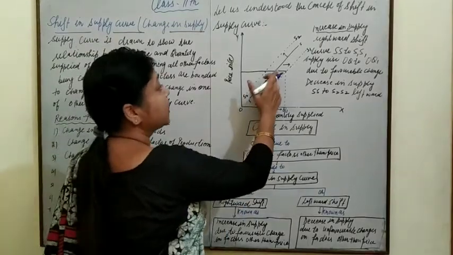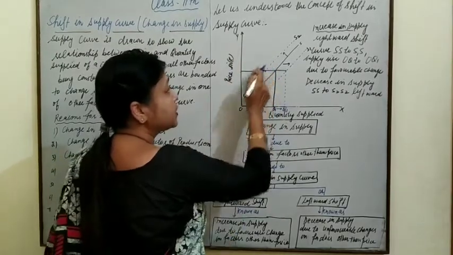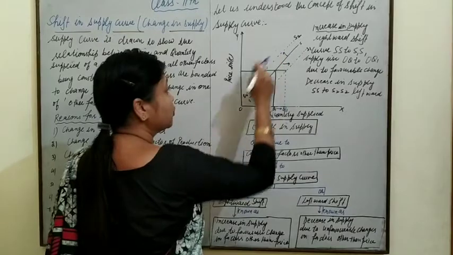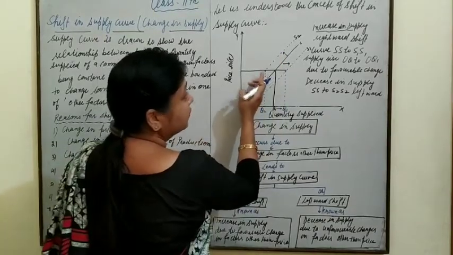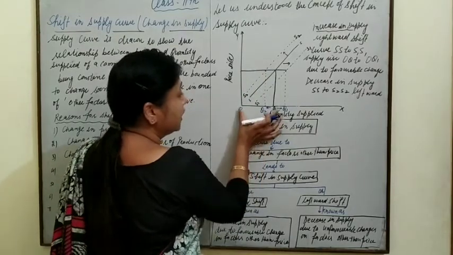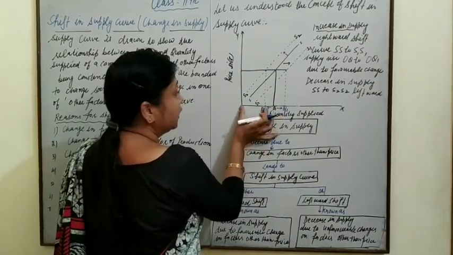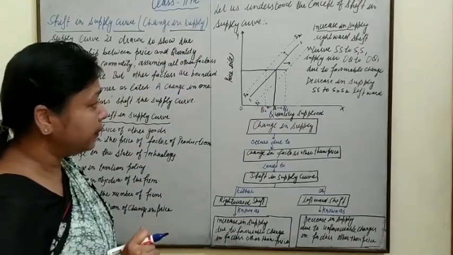If the curve is shifted leftward from SS to S2, here the quantity is decreased from the initial quantity OQ to OQ2. This is a decrease in supply.